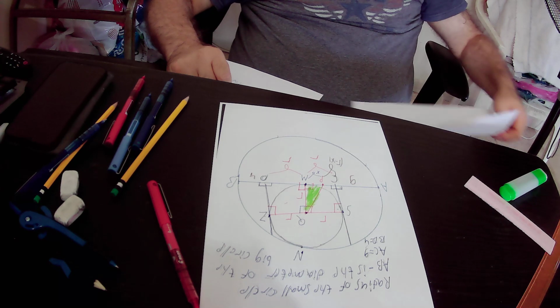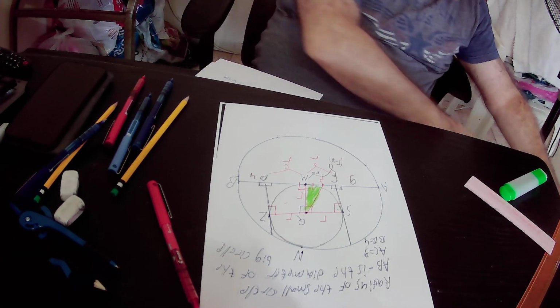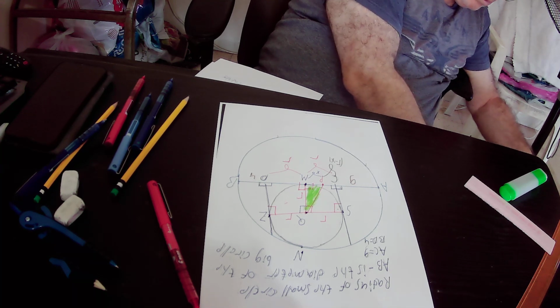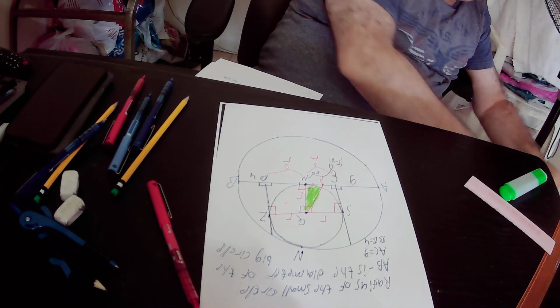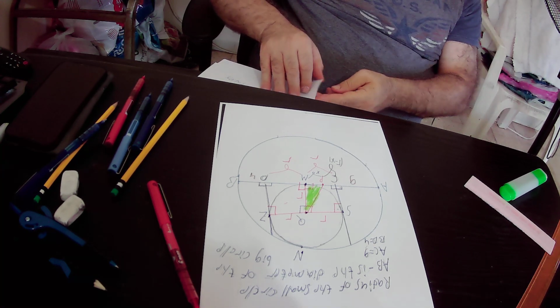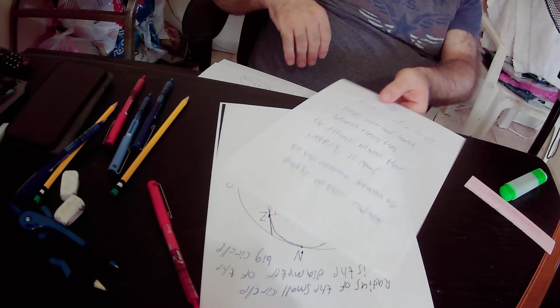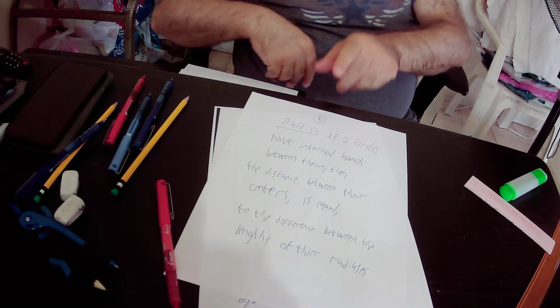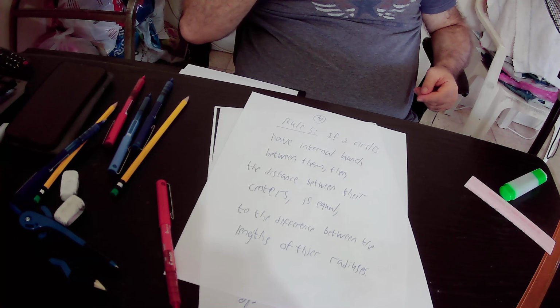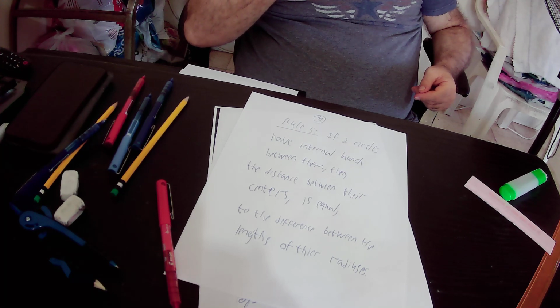Then we presented rule number 5, and we implemented it in our drawings. According to rule number 5, if two circles have internal tangency between them, then the distance between their centers is equal to the difference between the lengths of their radii.